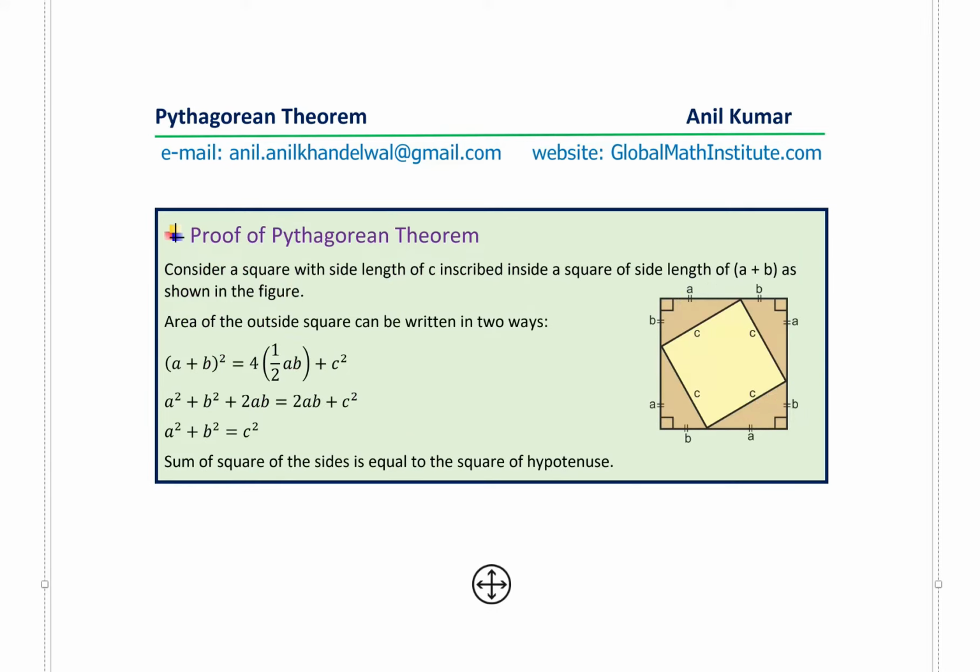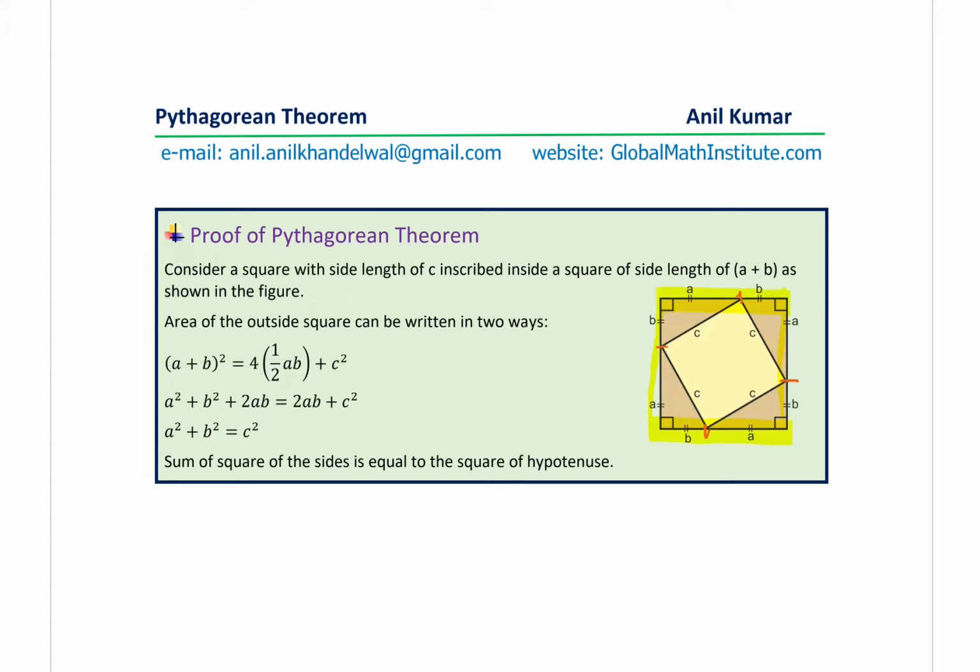Let's try to prove the Pythagorean theorem. What we have done here is that we have taken a square. That is the big square which we are talking about. In this square, we have divided the length into two particular parts. We've taken points on the square so that this length is a combination of a plus b, right?